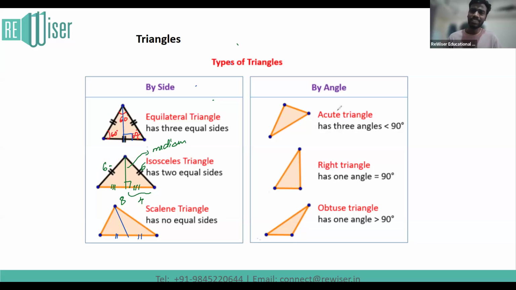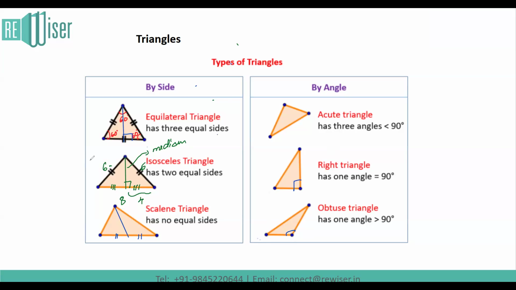Then we can also categorize the triangles by angles: the acute angle triangles, right angle triangles, which means one of the angles should be a right angle, and obtuse angle triangles, which means one of the angles should be more than 90 degrees. Got it?